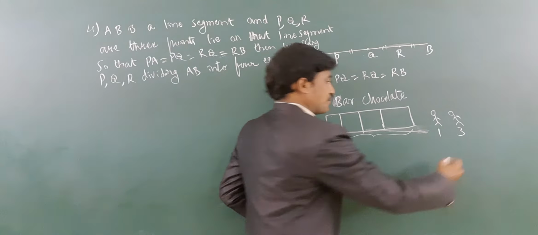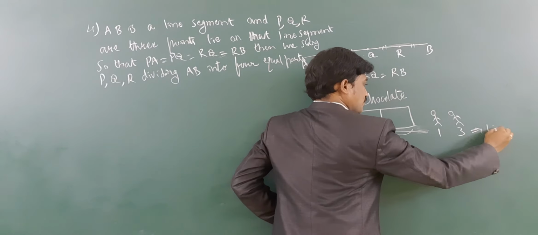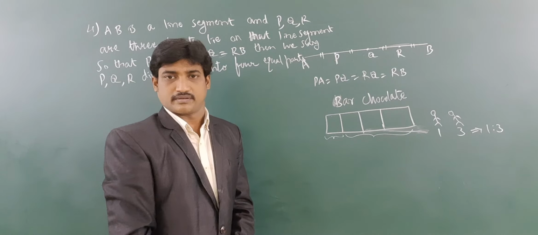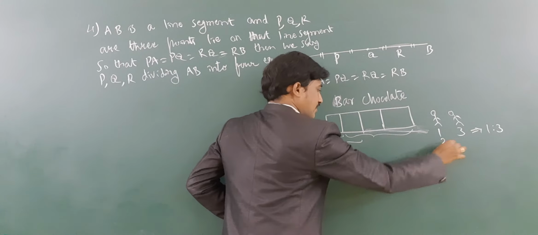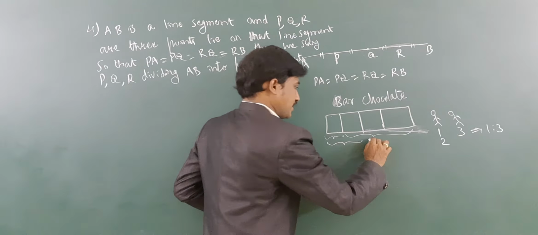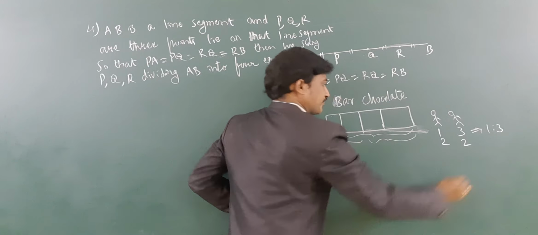That means the ratio is 1:3. And first 2 parts to the first person and the remaining 2 parts to the second person.